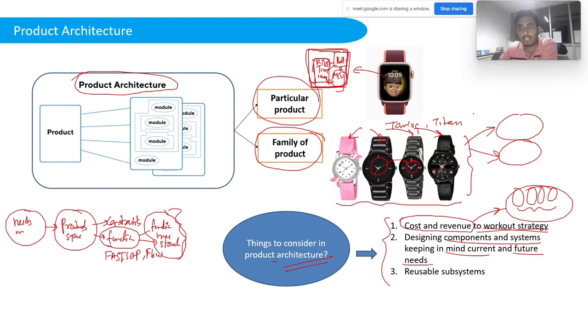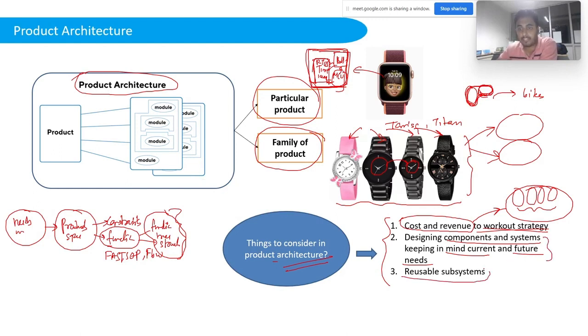If you consider a complex product like a bike, you may see the console, and they use the same console or the same tank in different bikes. So within their family of products, they use similar subsystems or components. So that also you need to decide.